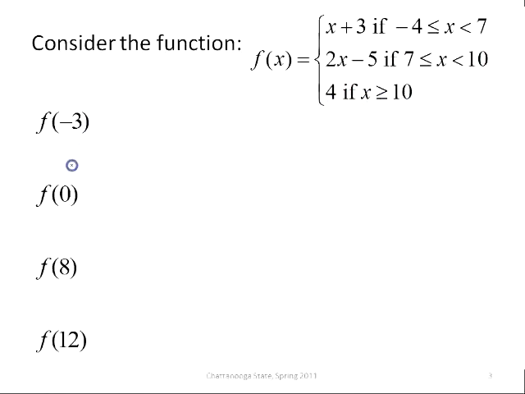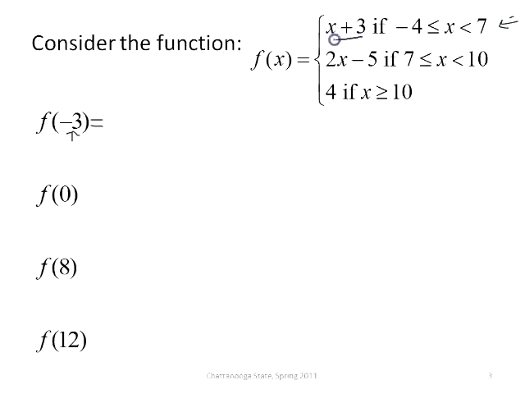So first, let's find some function values. Then we'll look at how to graph a piecewise function. Finding the function values involves first seeing what your x value is and seeing which of your domains that x value falls into. If x is -3, it's going to fall into the first domain between -4 and 7.